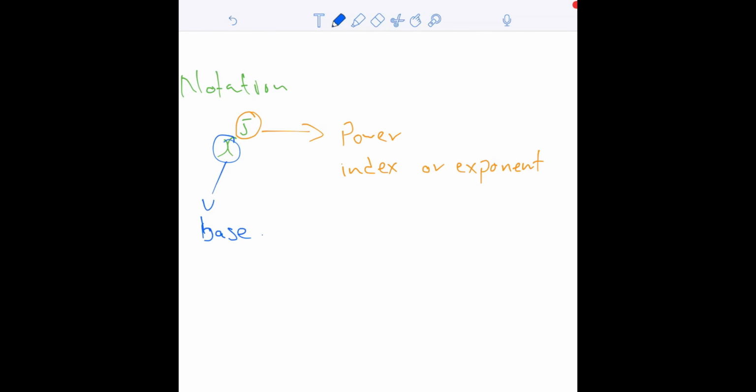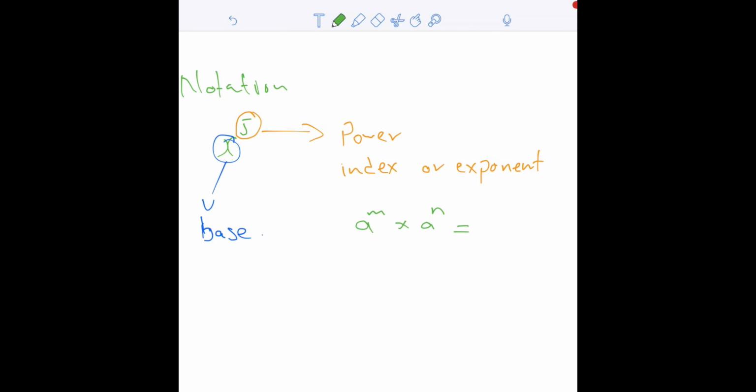So the first rule of index law is, the index laws are only applied when you have the bases the same. In this case, a to the power m multiplied with a to the power n. When the bases are the same and they are being multiplied, their powers are added.